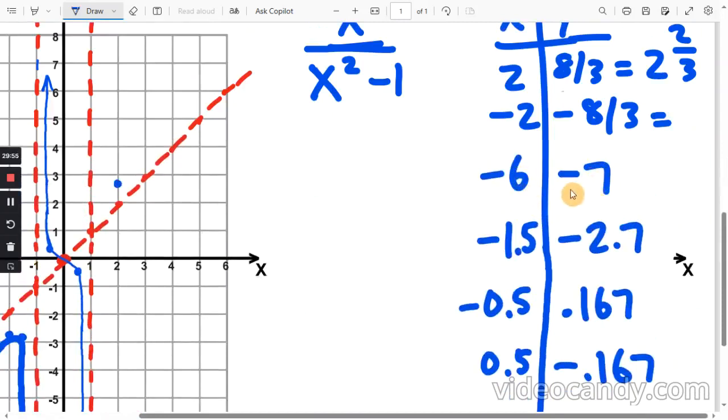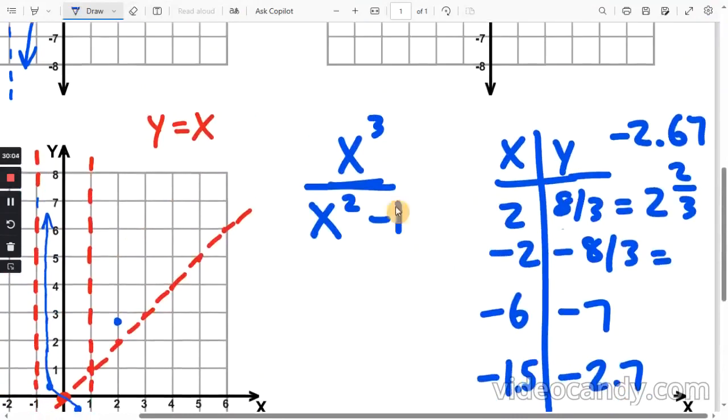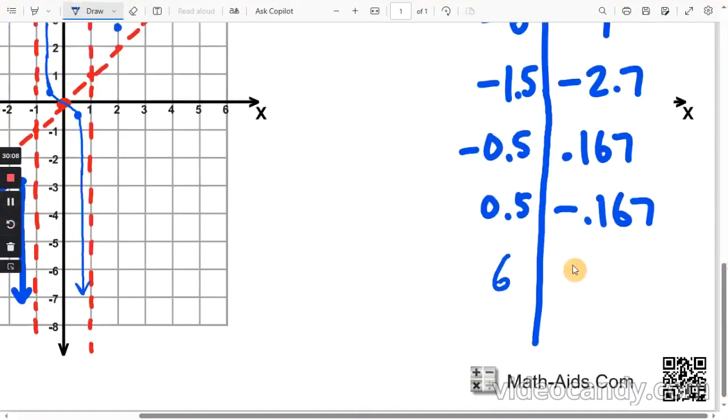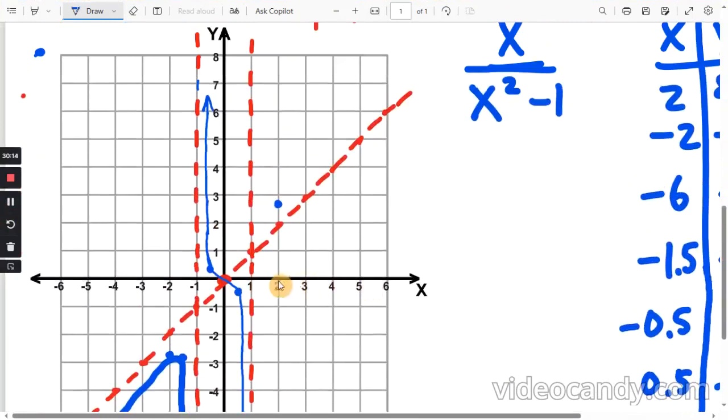It's probably going to be just positive 7, right? If I plug in 6, right here on the calculator, and rounding off, I get 6.2. So at x equals 6, it's going to be y equals 6.2.